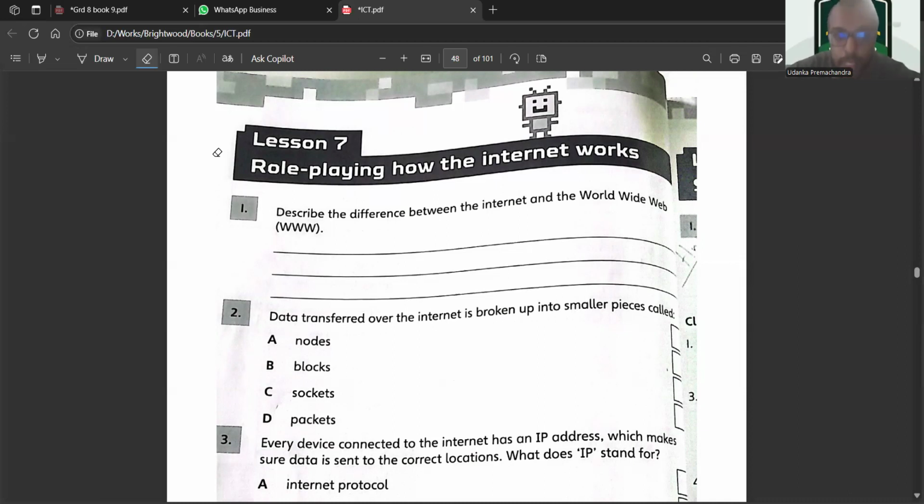Did you remember? Describe the difference between the internet and the World Wide Web. They are asking the difference between the internet and the World Wide Web. What are the differences?